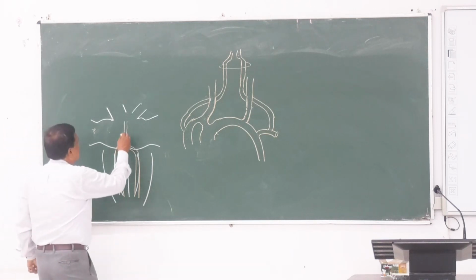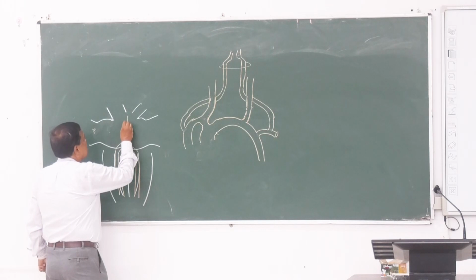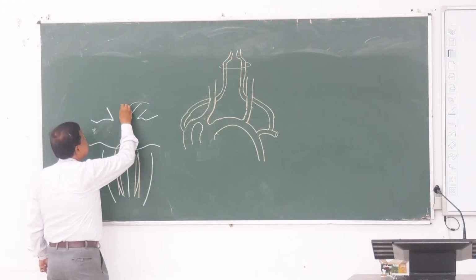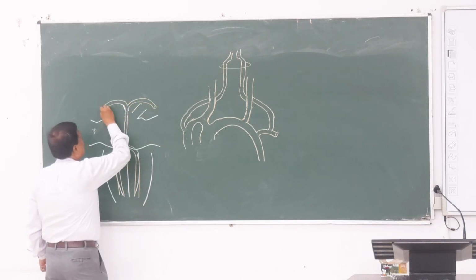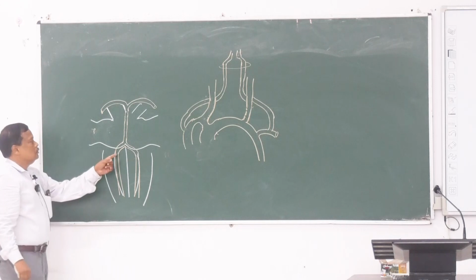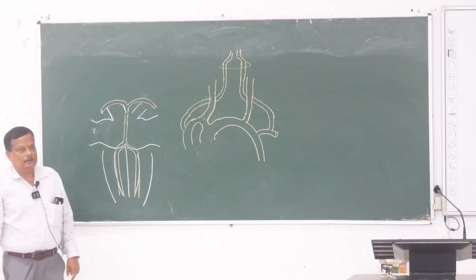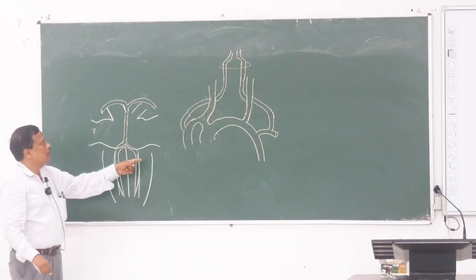And as it goes up, at the interpeduncular fossa, this basilar artery divides into 2 posterior cerebral arteries. So this is the normal.